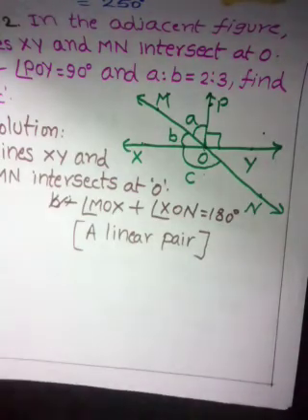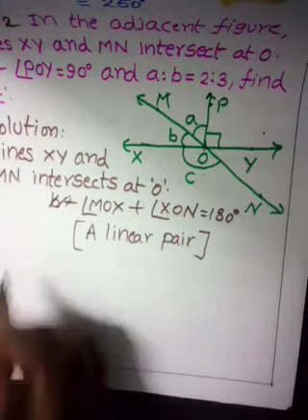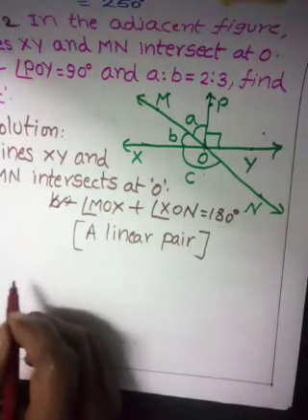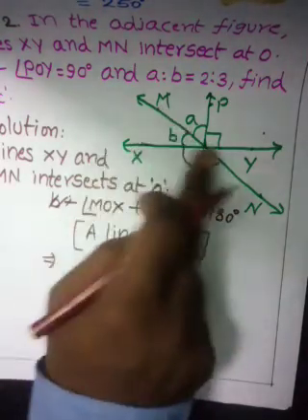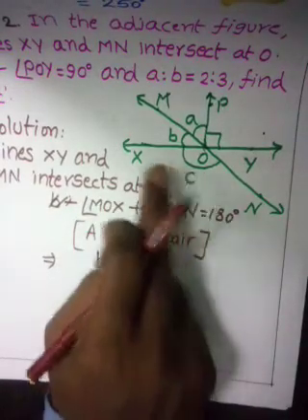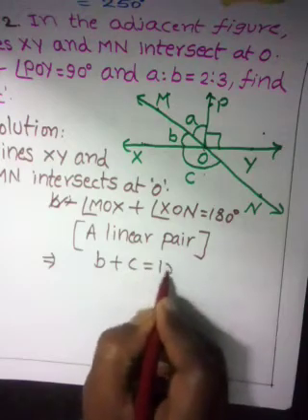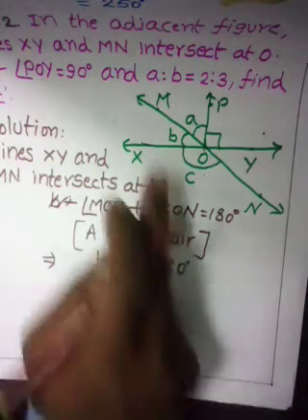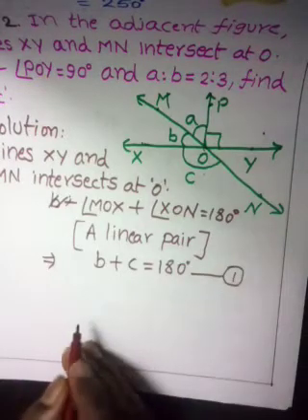If the sum of the two adjacent angles is equal to 180 degrees, then the two angles are said to be a linear pair. Okay, my children? Right. This implies angle MOX plus angle XON is equal to C. So we have substituted these values. Let us consider this is equation 1.